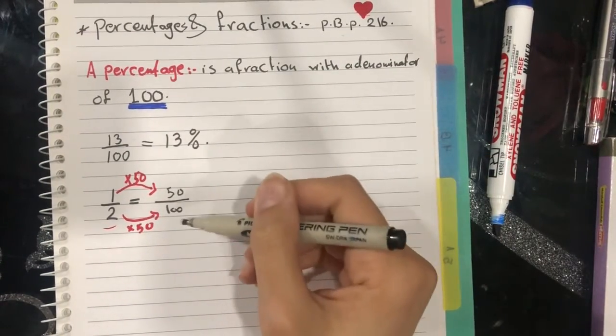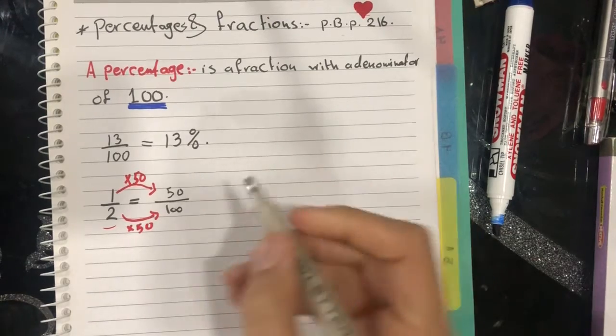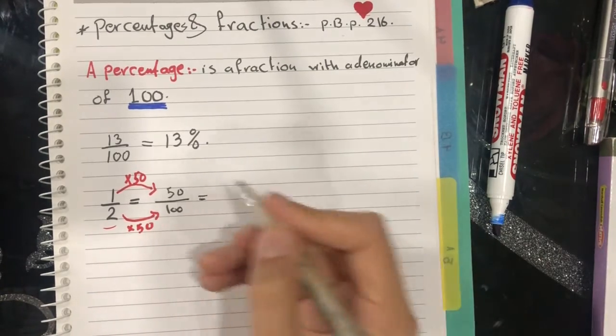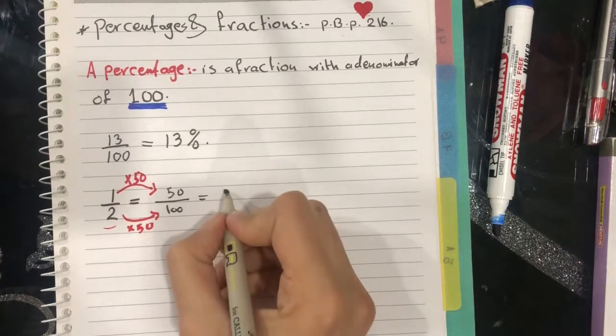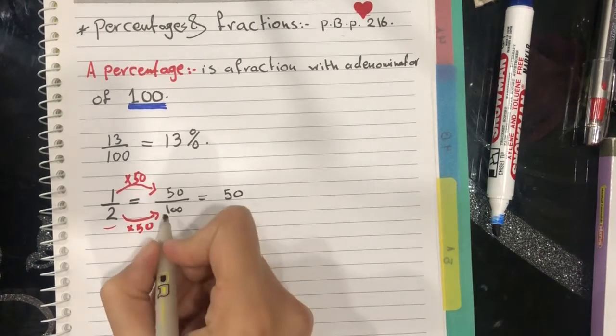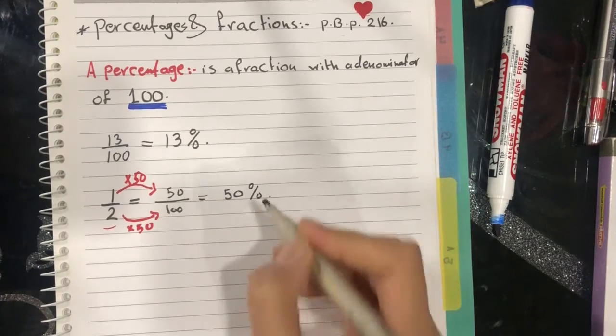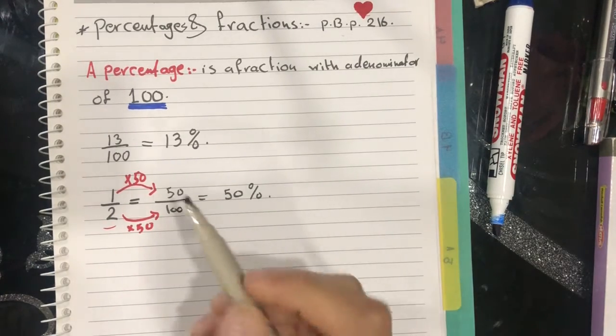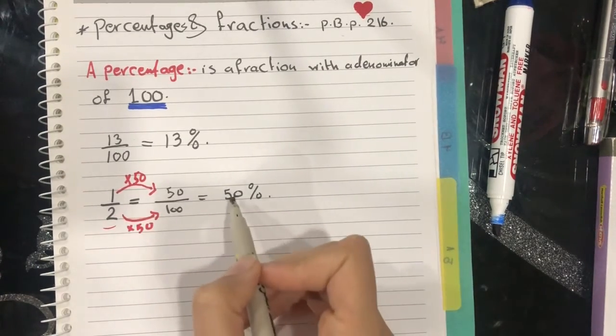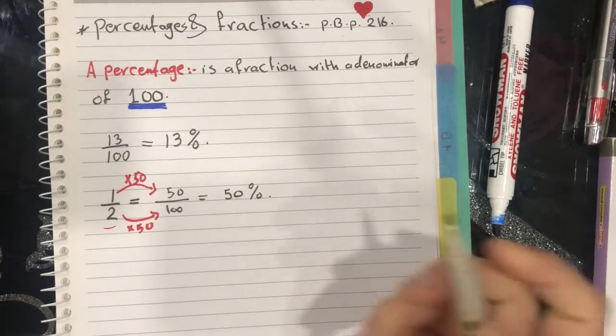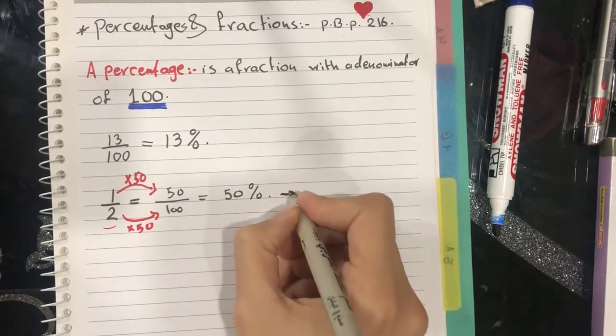This fraction with the denominator of 100 is easy to write as a percentage because you only take the numerator, which is 50, and you replace the denominator with the percent sign. So 1 out of 2 is 50%. I'm going to give you a little tip.